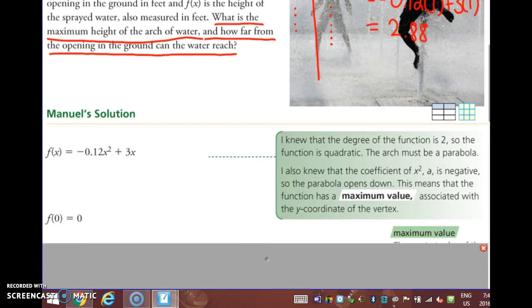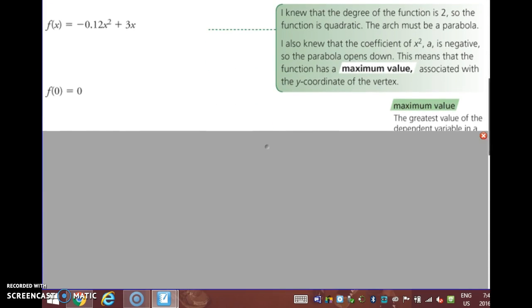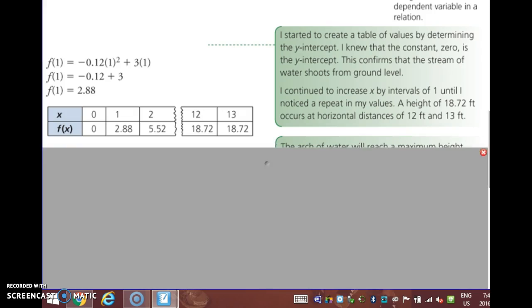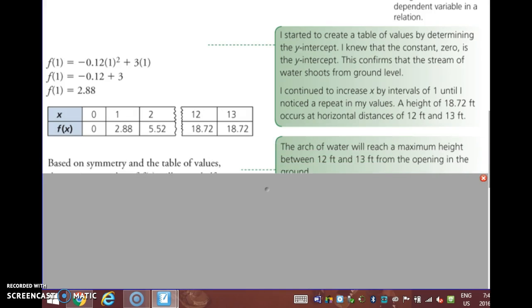If we look at this table that was in our textbook, this was like our table, 0 and 0, 1 and 2.88. If you put 2 in, you get 5.52, and so on. And once you get to 12, you get 18.72, and again at 13, you get 18.72.